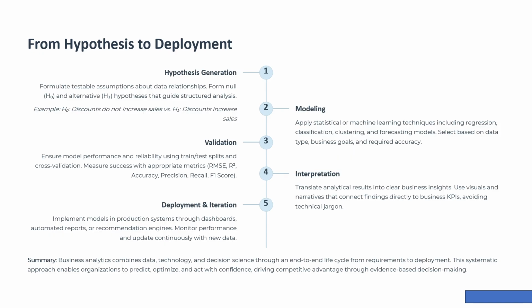Validation, check how well the model performs by means of accuracy, precision, recall, RMSE, or R squared value. Interpretation, turn technical results into business language and visuals linked to KPIs. Deployment and iteration, implement the model into dashboards, reports, or engines, and monitor and update as needed.